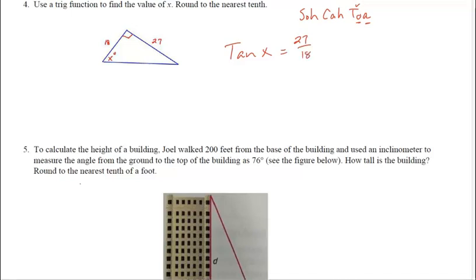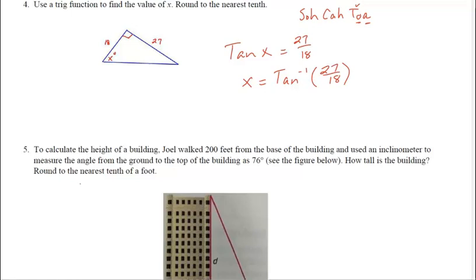Now, when you're trying to find angles, this is when you have to do second sine, cosine, or tangent. In this case, it's going to be second tangent on your calculator. So anytime you're trying to find an angle measurement, you're going to have to do what we call inverse sine, cosine, or tangent. You hit the second button on your calculator and then the trig function.